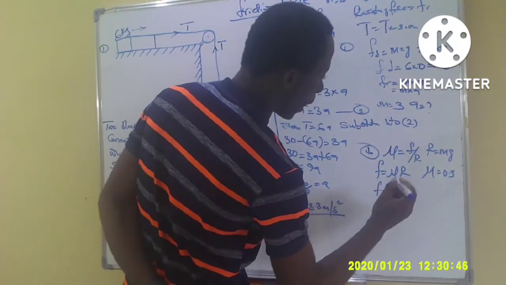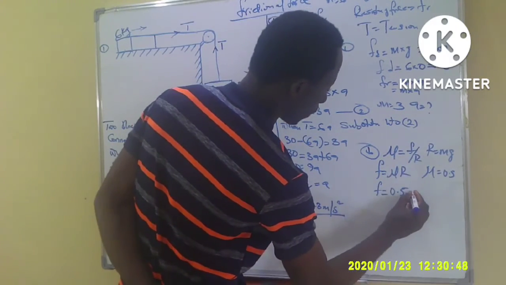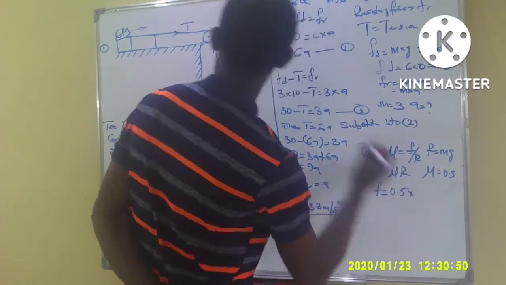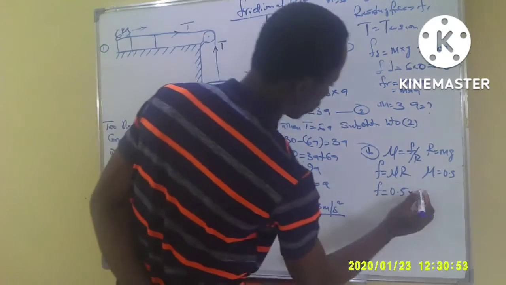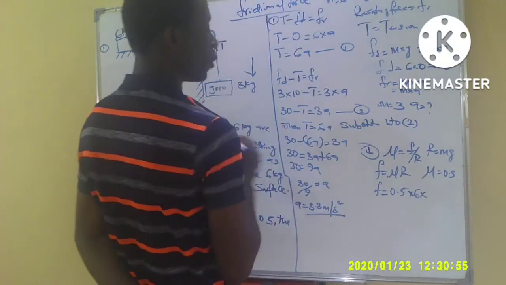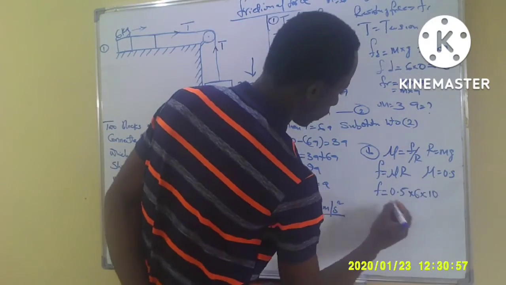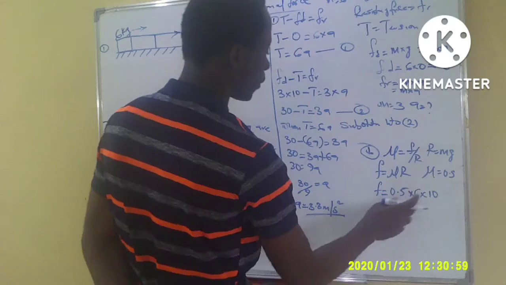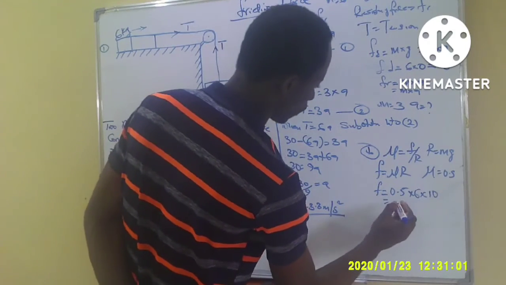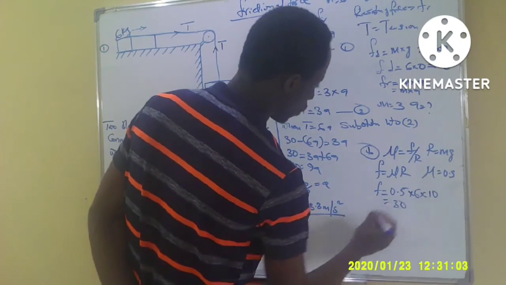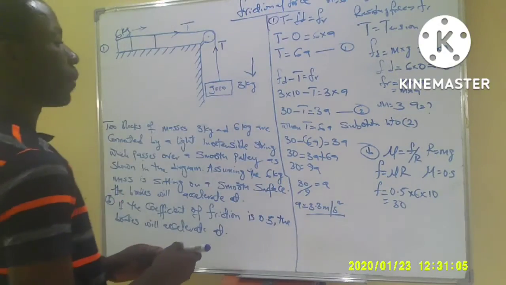So we have mu times m, the mass, which is 6, times g, which is always 10. So 0.5 times 6 is 3, times 10 gives us 30. So the frictional force at this point is 30.